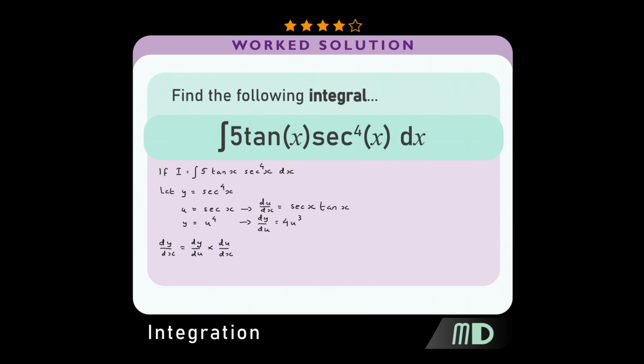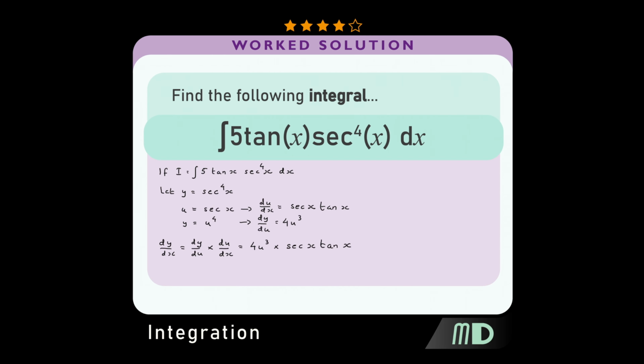And substituting the derivatives we've just found gives us 4u cubed multiplied by the secant of x multiplied by the tangent of x.